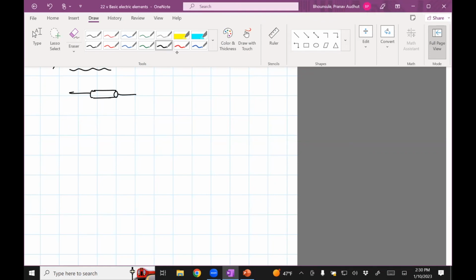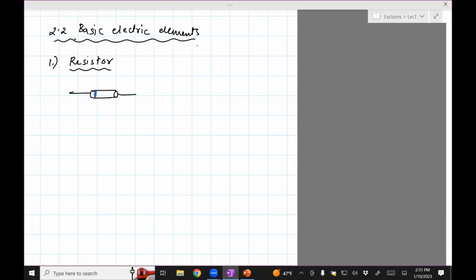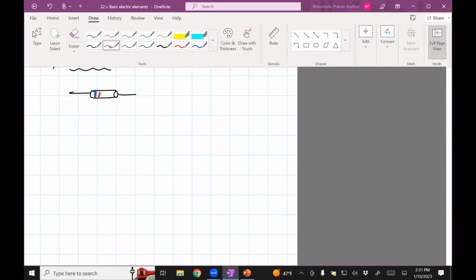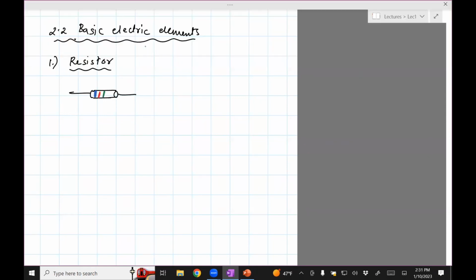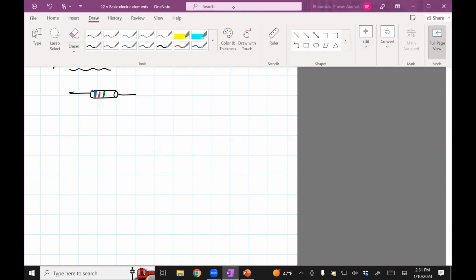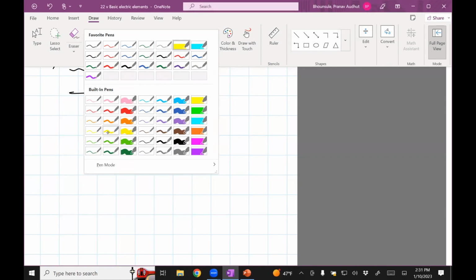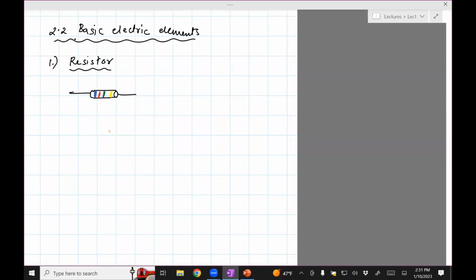So a resistor looks like a piece of wire, but there's an element which has colors. There will be 3 bands, we will put some random bands. And then on the other end, there will be a single band.